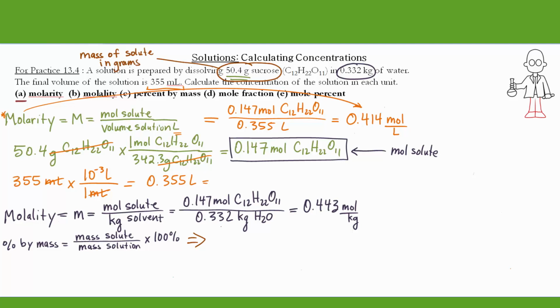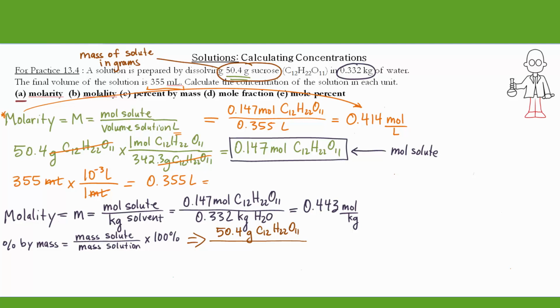So we can take that directly as 50.4 grams of C12H22O11. Now we need to divide by the mass of the solution.